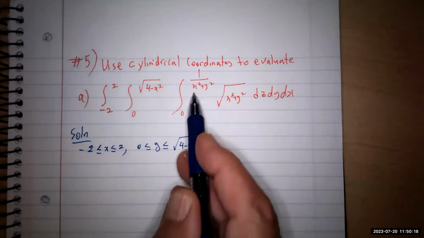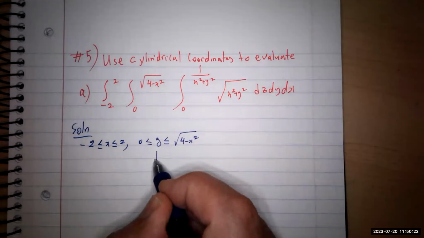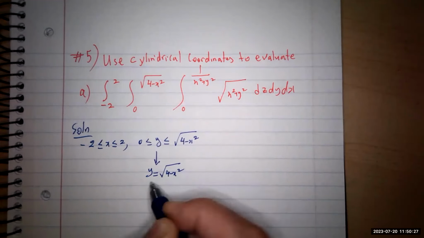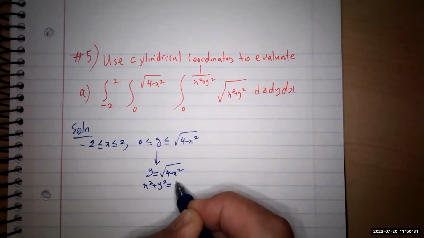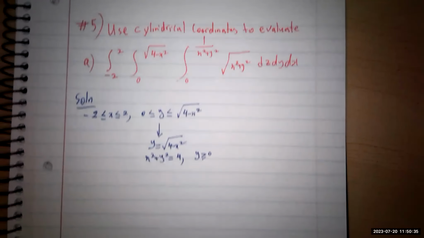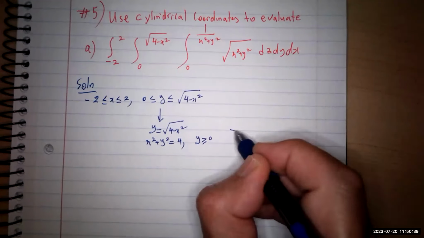Z is easy, we can substitute it right away. Here y equals the square root of 4 minus x squared, so you have x squared plus y squared equal to 4. But y is positive, which means just a semicircle.